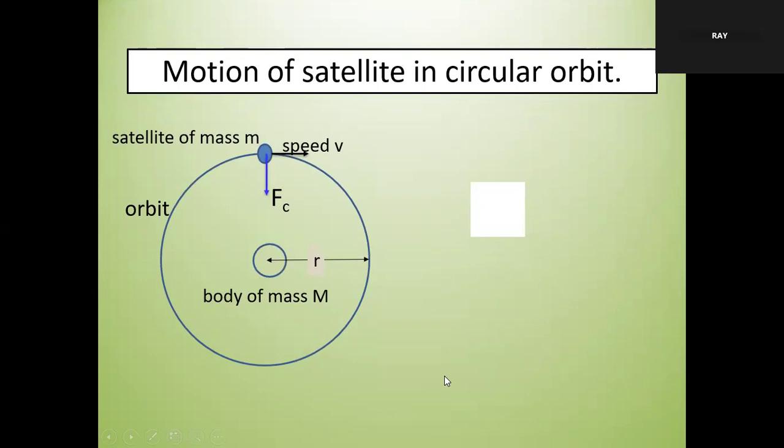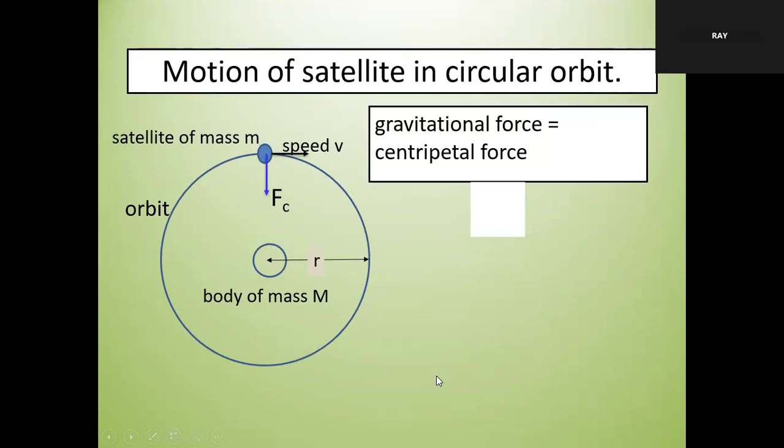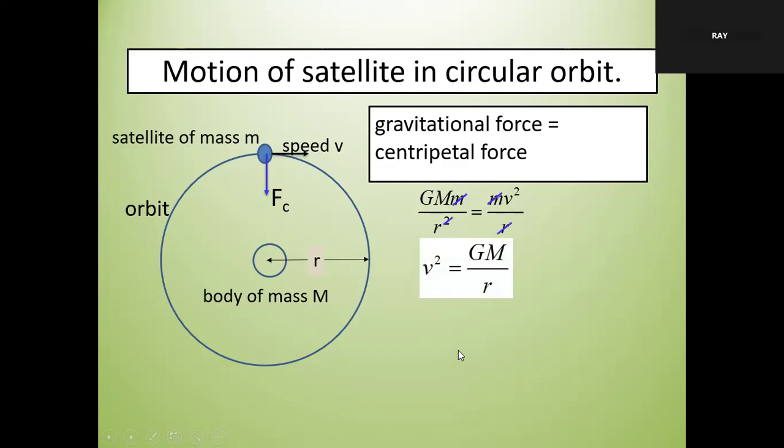Motion of satellite in circular orbit: gravitational force equals centripetal force. So gravitational force is GMm over r squared, and that is your centripetal force, mv squared over r. Cancel the small m, cancel one r, and you get v squared equals GM over r.